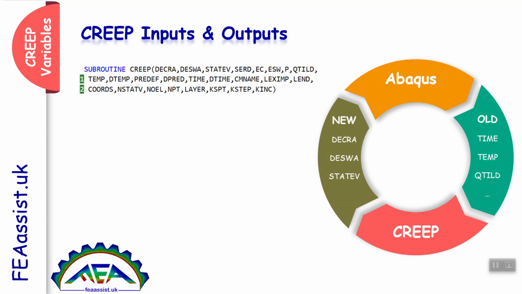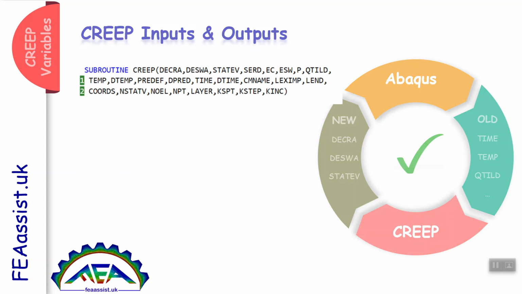Abaqus will again use the creep strain to compute the temperature, the stress, and these variables, and this loop will continue to solve our problem. This is how Abaqus and the creep subroutine interact with each other, which is very important and necessary to write a good creep subroutine.